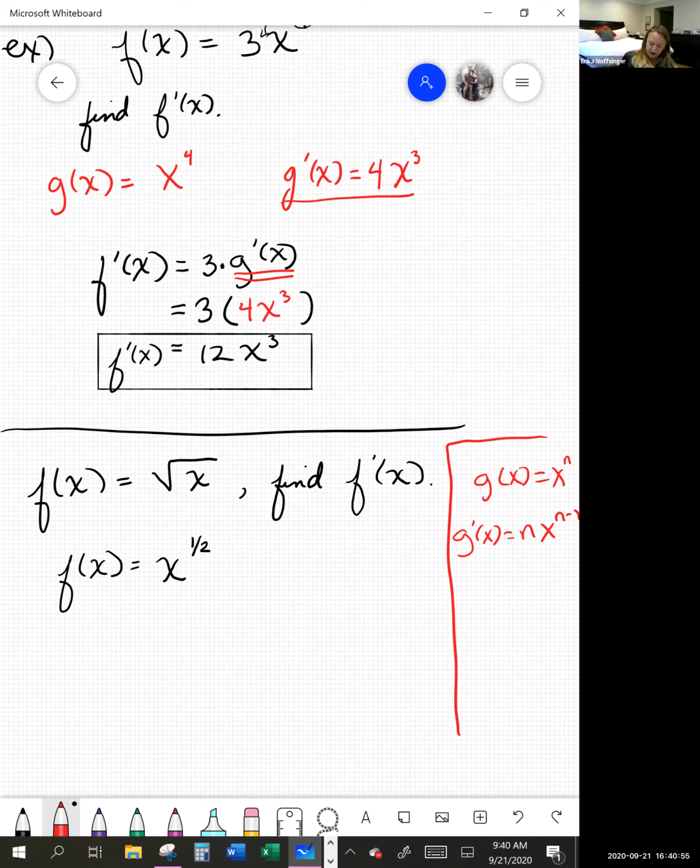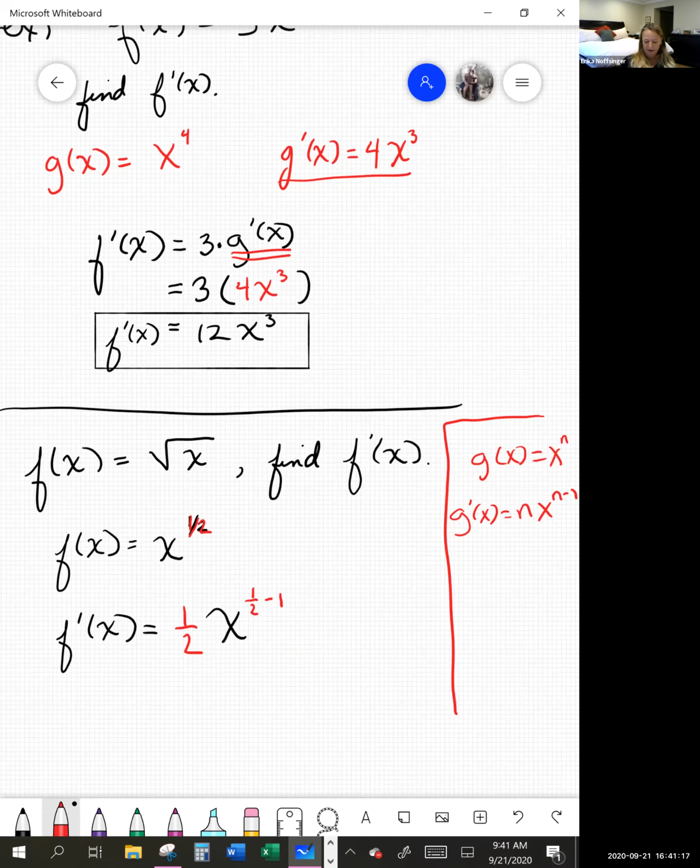So if we bring our power down front, we would have 1/2 x raised to the 1/2 minus 1. This is where you're going to get good at getting a common denominator.